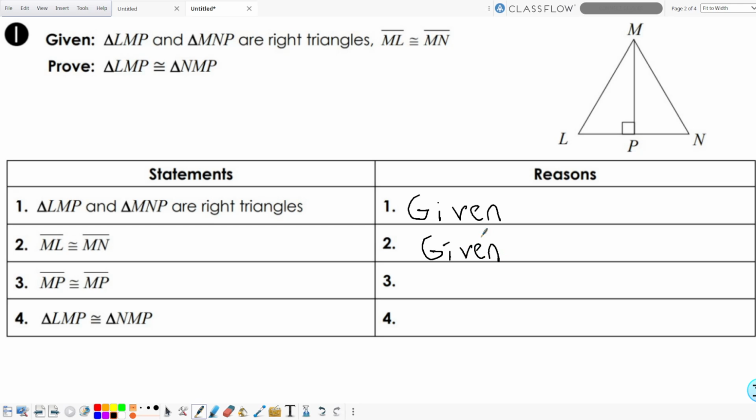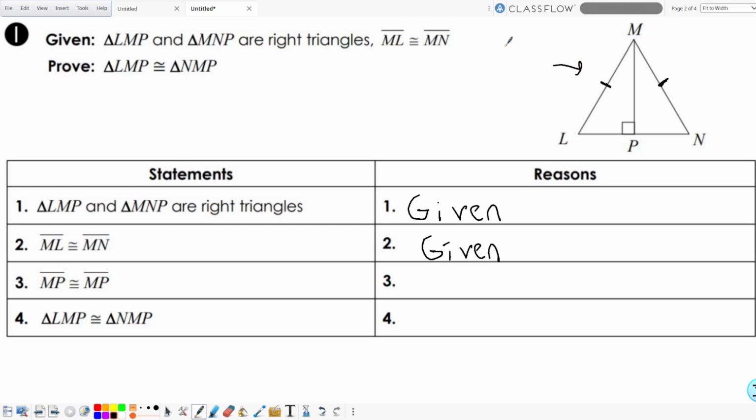Okay, so ML is this length right here, and MN is this length right here. Now what you should notice is that in the two triangles we have, that's the longest side. It's the side opposite to the right angle. So that's our hypotenuses. We know that the two hypotenuses are congruent to each other.